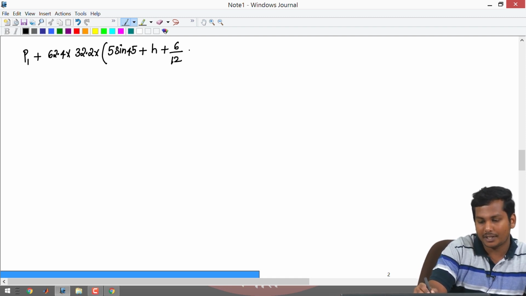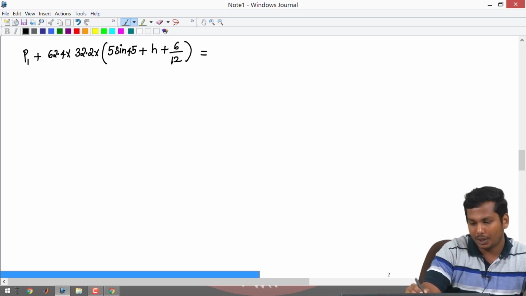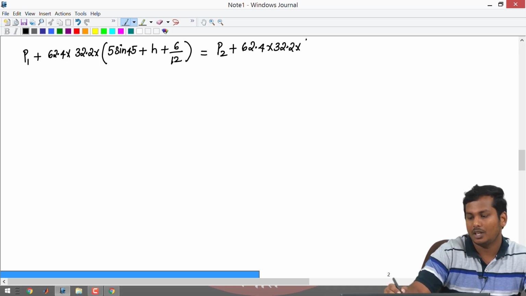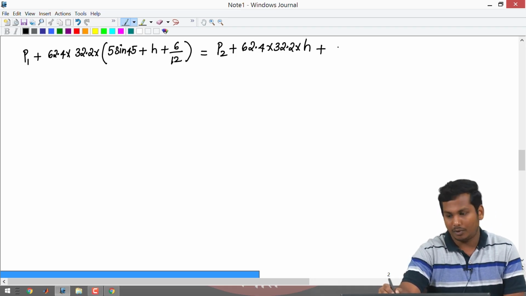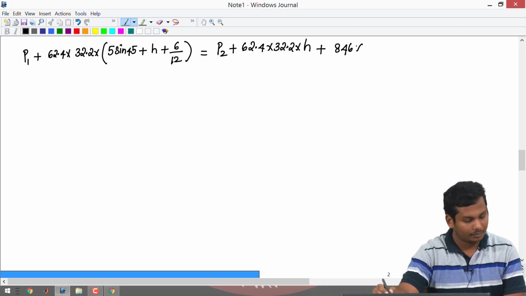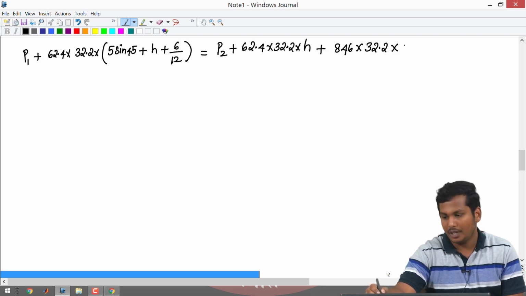This is the pressure exerted by the fluid at point 1, which is equal to P2 plus 62.4 times 32.2 times H plus 846 times 32.2 times 6 by 12.